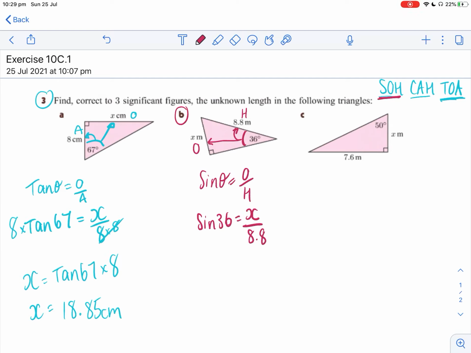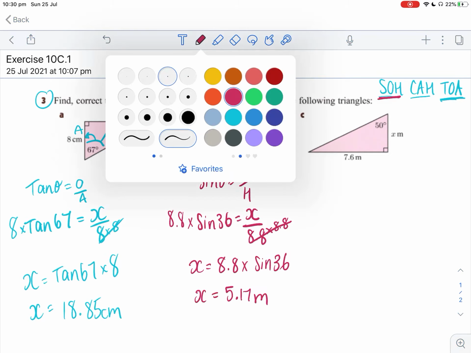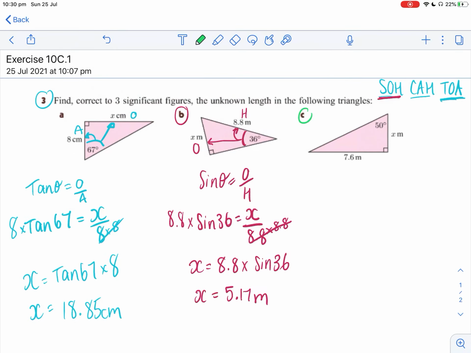Again, I want x by itself, so I'm going to times this by 8.8 and do it on both sides. So x is going to be equal to 8.8 times by sine 36. So my x is 5.17 meters.